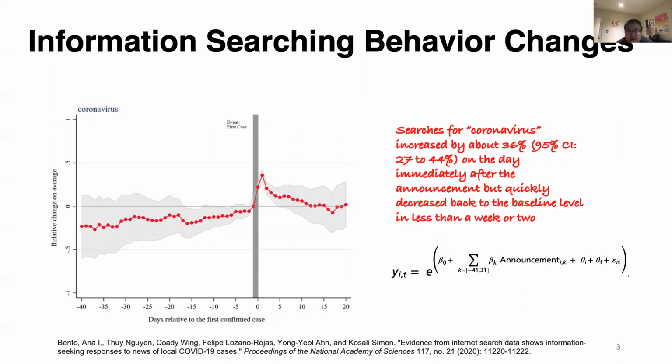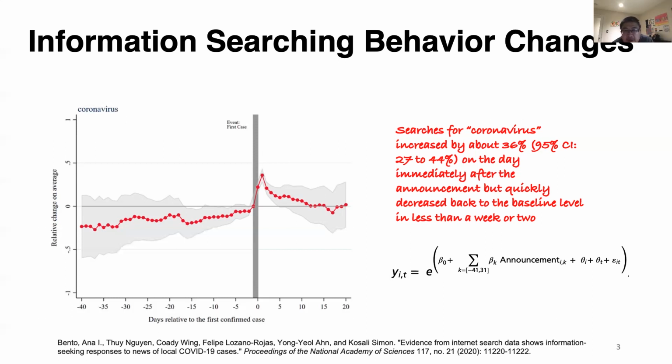The authors created a single indicator announcement T_i31 for any k larger than 30, and an announcement T_i-41 for any k smaller than -40. They controlled for state fixed effects to allow time-invariant differences in search patterns by state, and for date fixed effects to account for national trends.